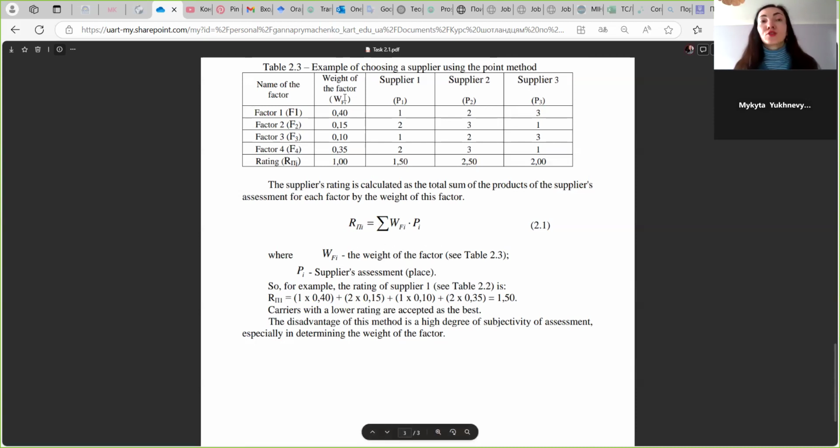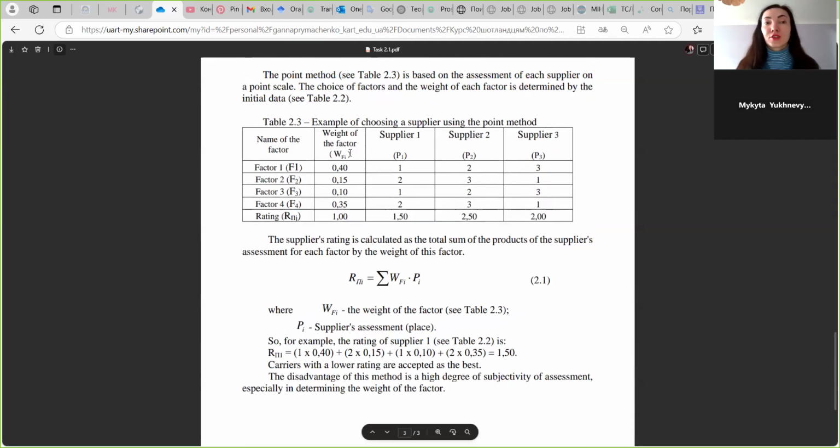Weight of the factor, so the meaning of our second column. We multiplied one by one these columns with these points for every supplier. So what we write, for example, we could find in our document.